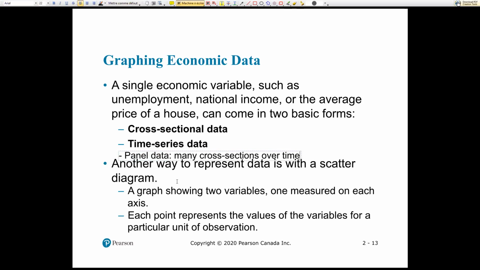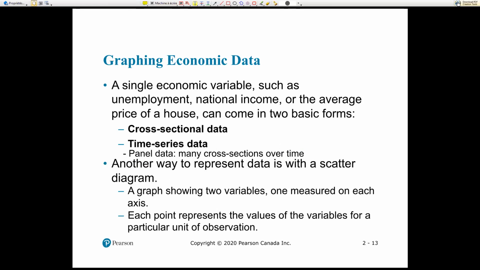So this would be something like looking at, say, a cohort of 100 people and measuring them each year, for instance. So you have a measure of many people and over many years. So that also comes with its own set of challenges, of course.